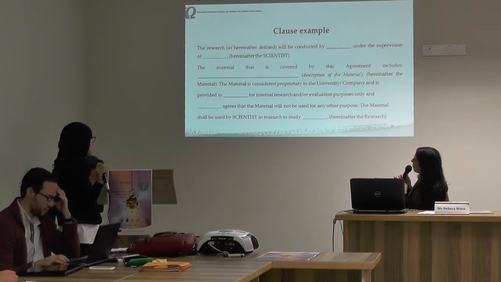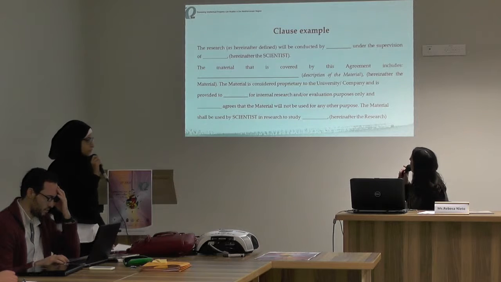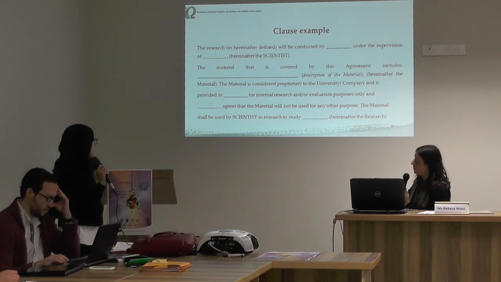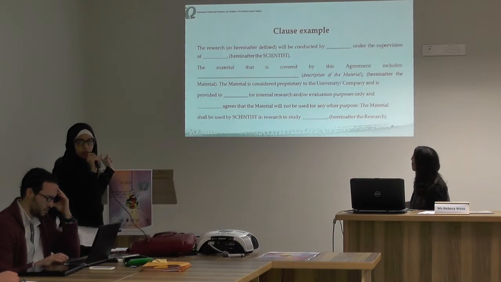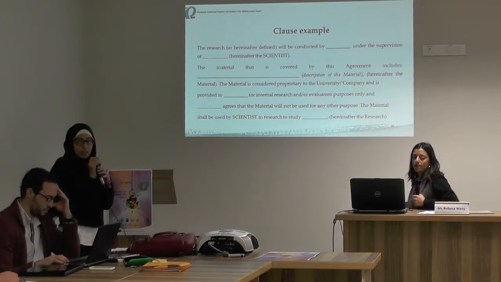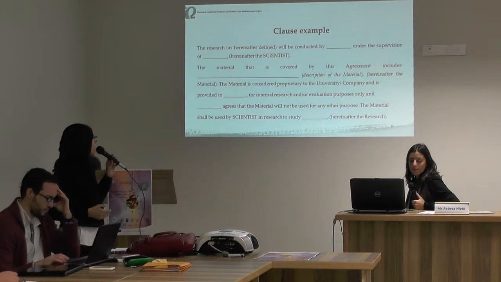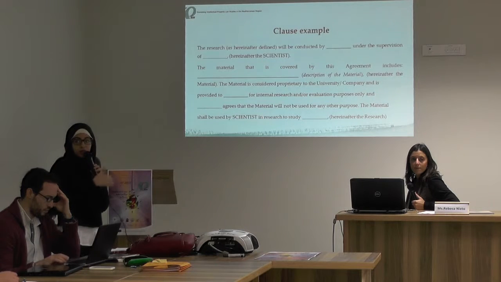You need to identify the area of research of the scientist and what the purpose is, what you are going to do with the material. لازم هذا نموذج من اتفاقية نقل مواد. في هذه الاتفاقية لازم تحدد أول شيء شو المجال البحث العلمي اللي أنت رح تستخدم فيه هاي المادة، بالإضافة لكمان شو رح تستخدم هاي المادة فيها، شو البحث اللي رح تجري عليه هاي المادة.